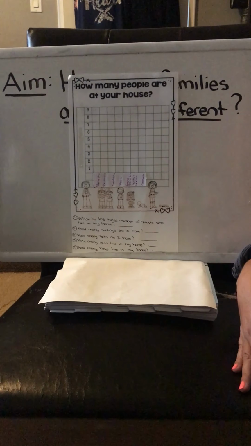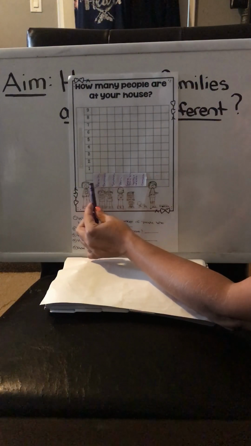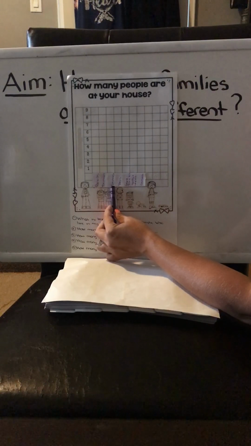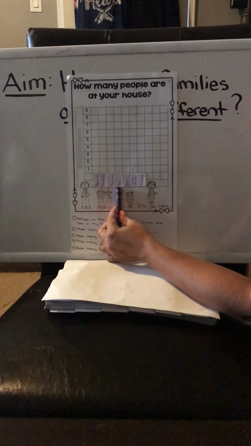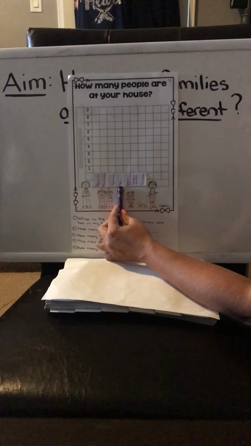Okay, so the bottom row here is going to list the people who live in my home. So on your graph, boys and girls, the first line here is going to say parents. The next one will be brothers. The next one will be sisters. And as of yesterday, we did say that pets, boys and girls, are considered part of our family.